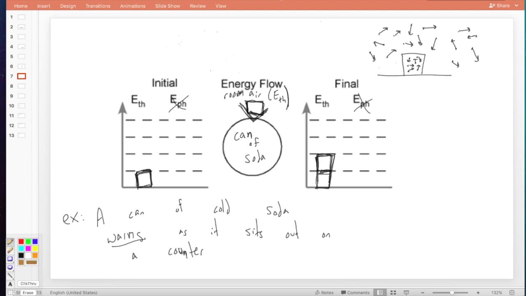The room air, sometimes we just refer to this as the surroundings, because technically the table, the countertop, and the cup are all transferring energy as well. So sometimes we'll just refer to this as the system, and then the surroundings. The surroundings have transferred energy in. Energy flows from high temp to low temp due to collisions of moving particles.